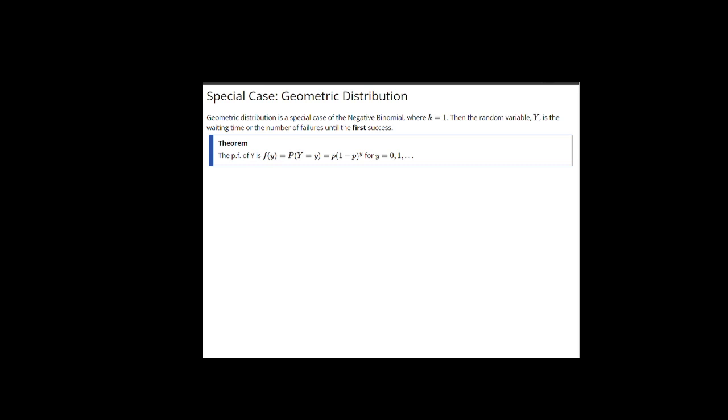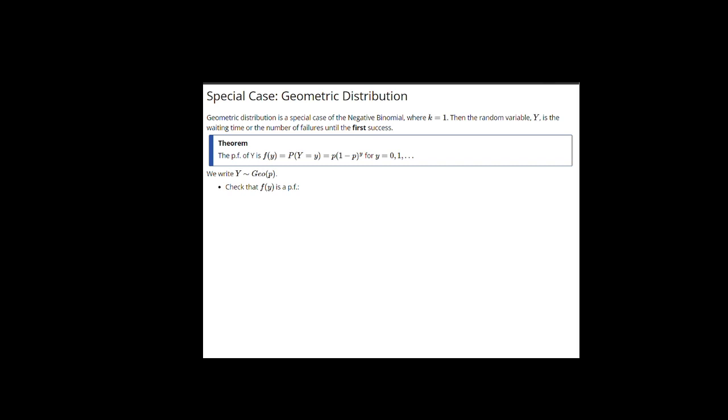And in this case, the probability function is f of y. The probability that y takes the value little y is p times 1 minus p to the power y. It's p to the power 1 because we observed one success. It's 1 minus p to the power y because we observed y failures. And in this case, we'll write Y is geometric with parameter p.